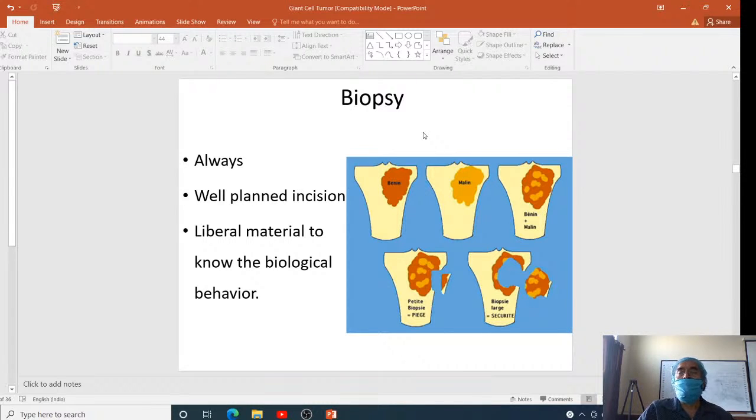So a larger amount of specimen should be sent for them to make an adequate diagnosis. And you should always send the history and the clinical features and the X-ray films. Unless all these things are there with the radiologist and pathologist, it will be very, very difficult for them to give a definitive opinion after biopsy. So these are some of the things which you should keep in mind whenever you are going to take the biopsy.